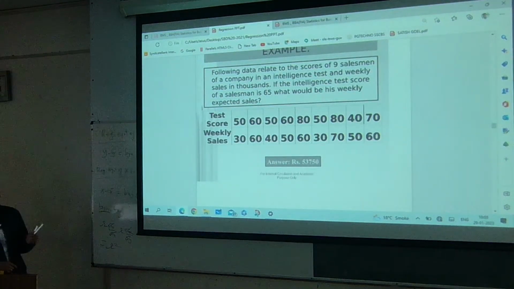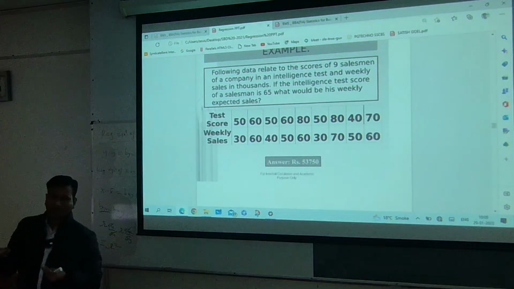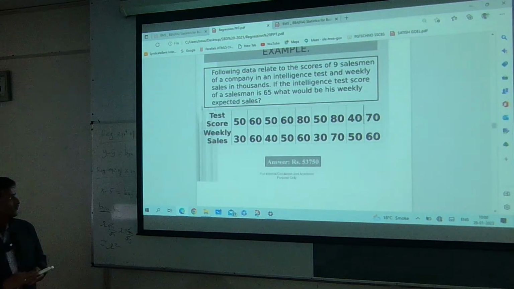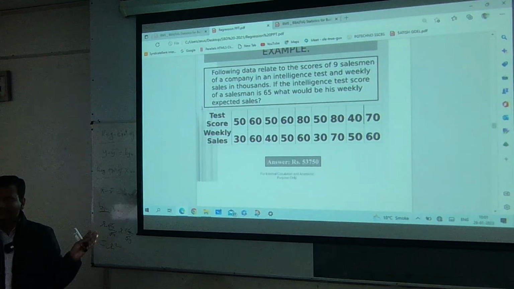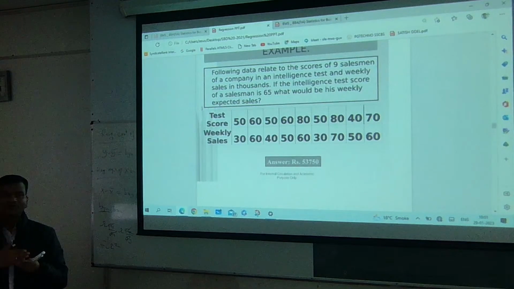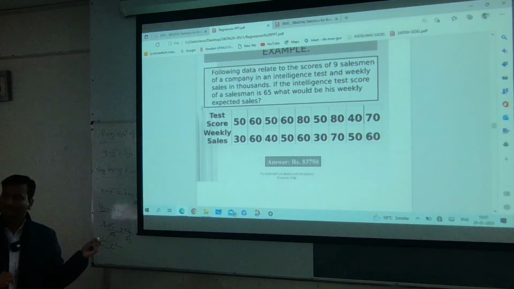So here there are two variables, one is the test score and the second is the weekly sales. If there is any relationship between intelligence and sales, okay, they think yes there is a relationship, and we now have to determine the regression equation between these two variables.